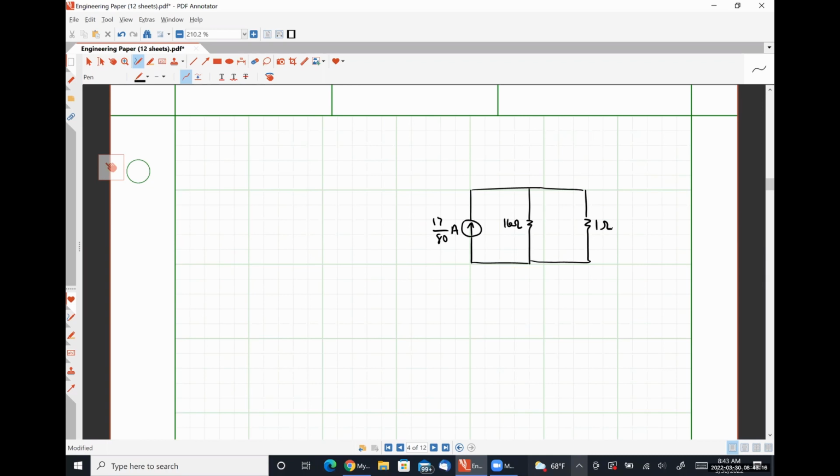Okay. So our original circuit has the following 2 equivalent circuits.